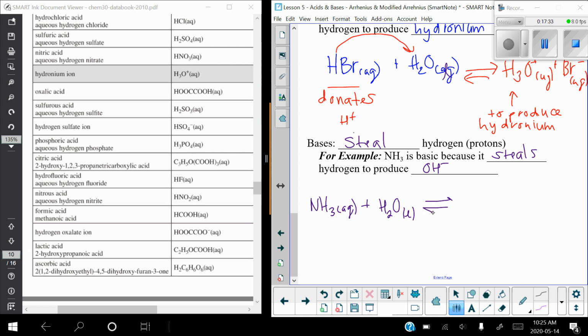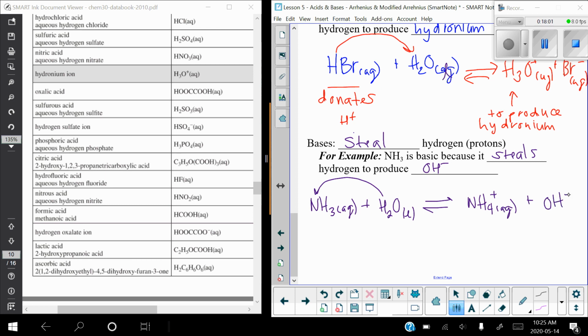And what happens is this nitrogen is not going to give up anything. It can't really give up a hydrogen. It would be very unstable. So what it's going to do is steal a hydrogen from the water to produce ammonium, which is an ion we have seen before, and OH minus.